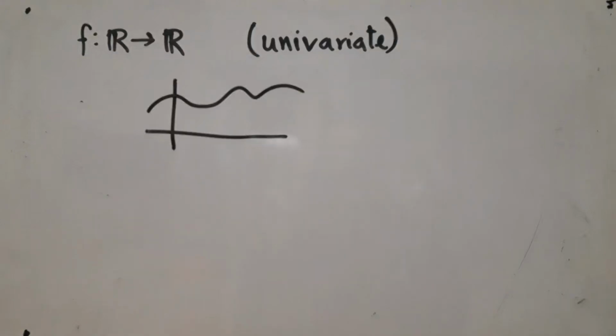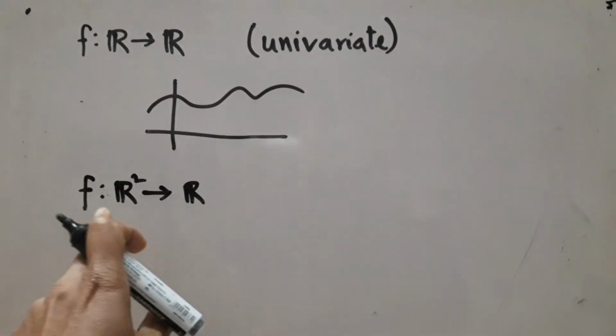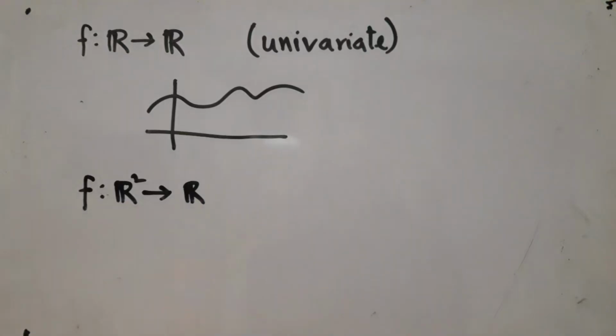When we work with a function from R to R, the so-called univariate function, that is a single variable, then we like to visualize them as their graph. Now when we work with a function from R2 to R, which are called bivariate functions, then also we can think of them as graphs, but now the graphs will be on the xy plane.